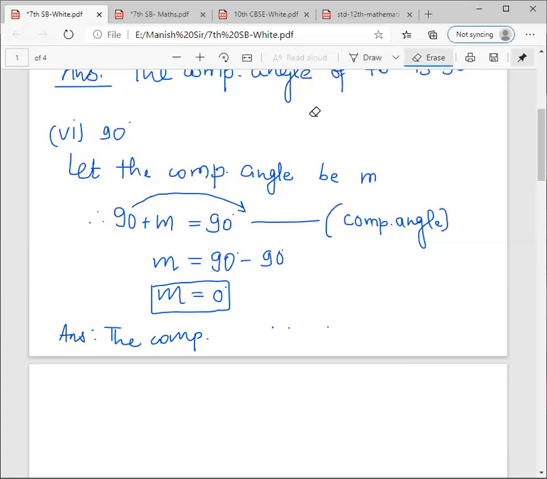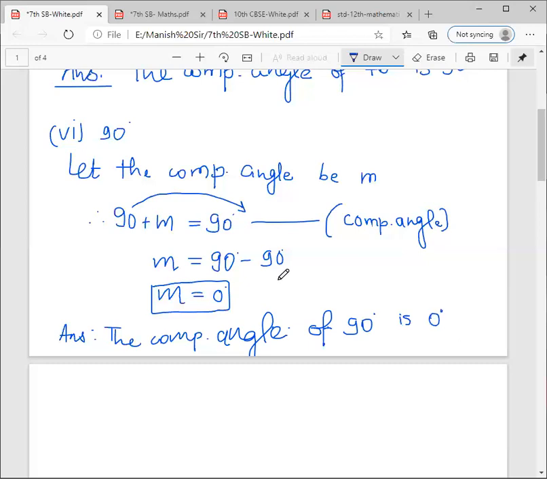We have to mention angle also. The complementary angle of 90° is 0°.